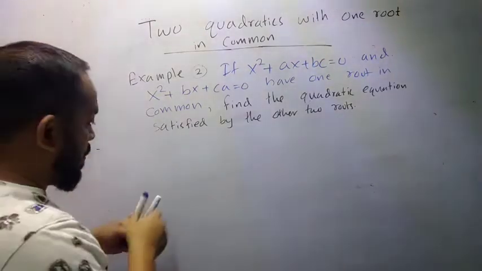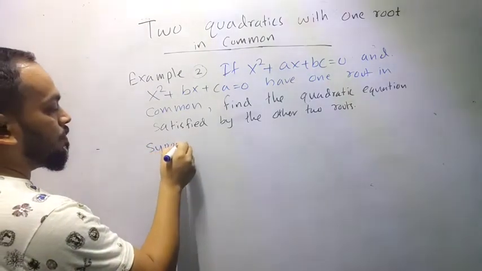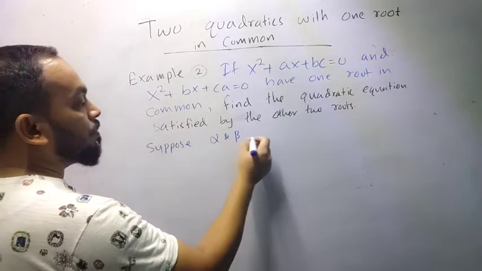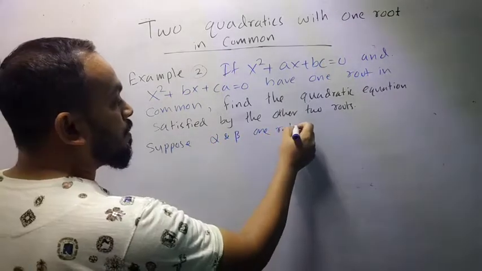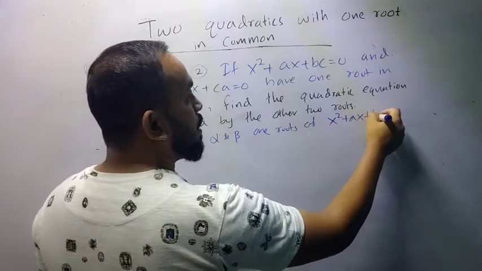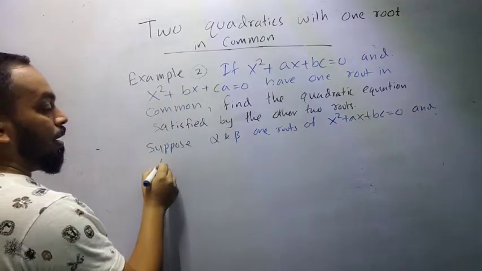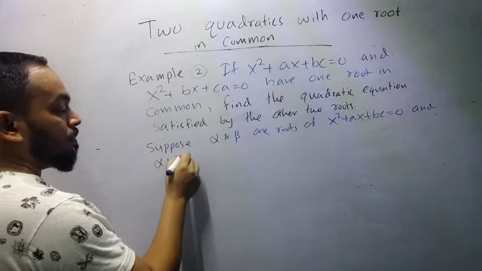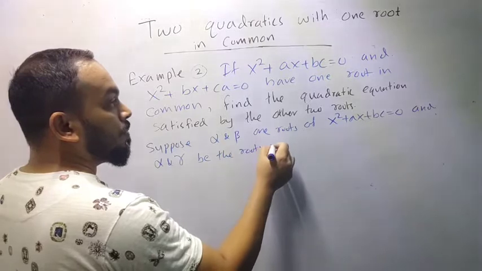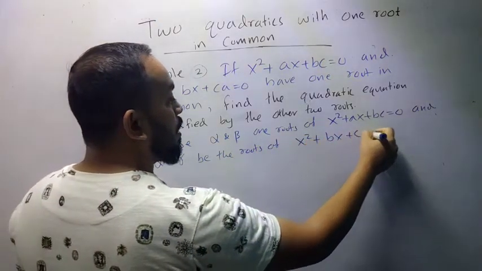So this is what I'm going to do. Suppose alpha and beta are roots of x squared plus ax plus bc equals 0, and alpha and gamma be the roots of x squared plus bx plus ca equals 0.